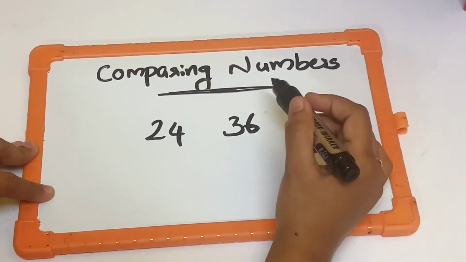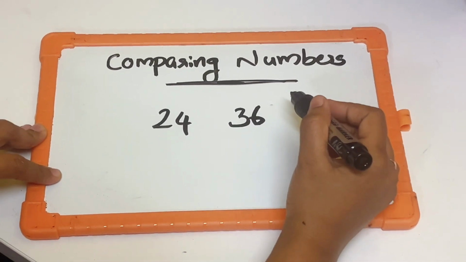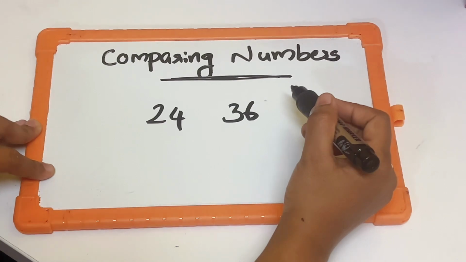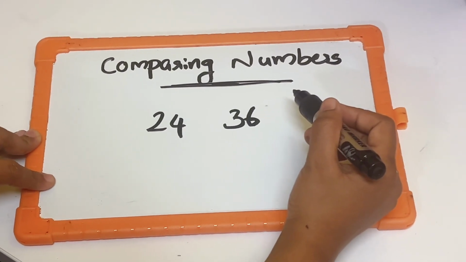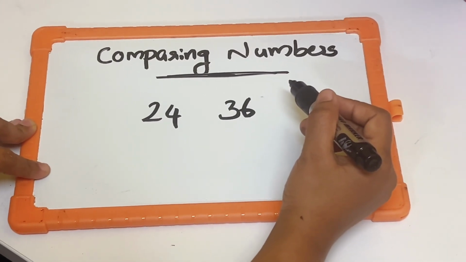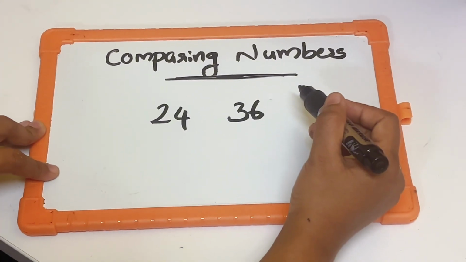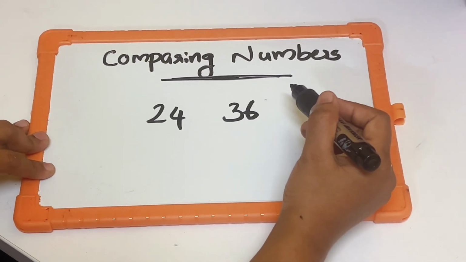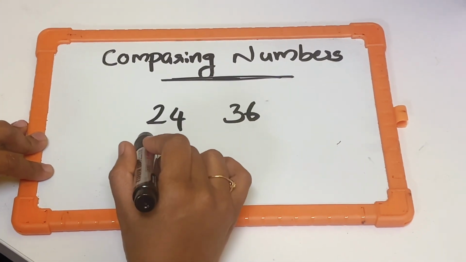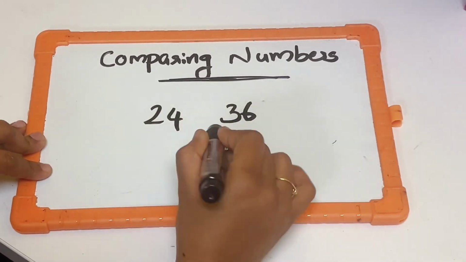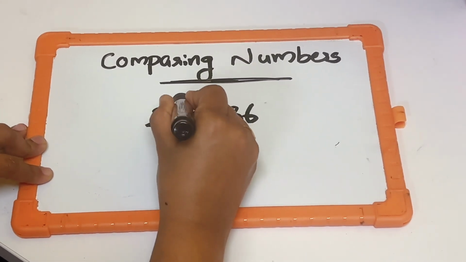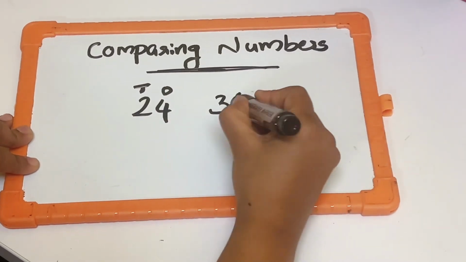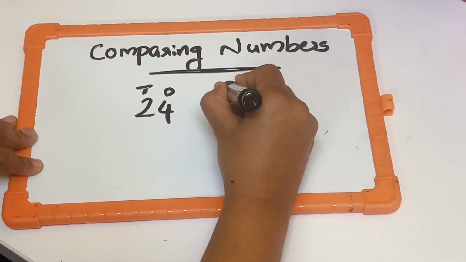When comparing two-digit numbers, we follow the same general principles used to compare any other numbers. But we have to pay special attention to the tens and ones places. First, check the position of each digit. Here it's the ones position, here it's the tens position. So here also ones and tens.